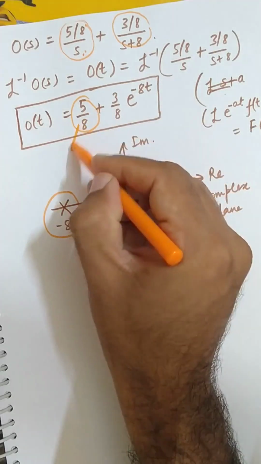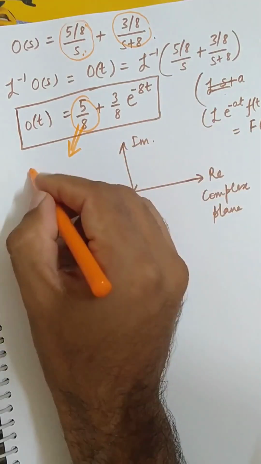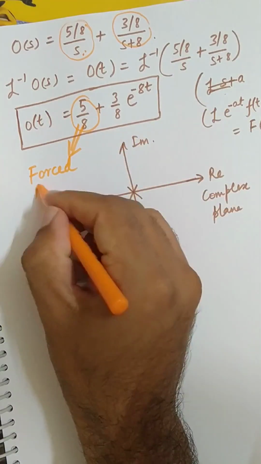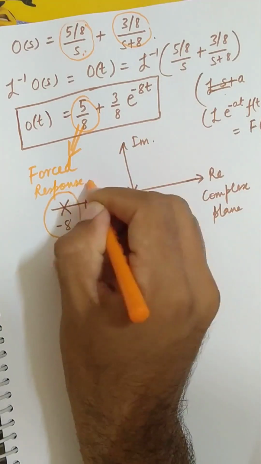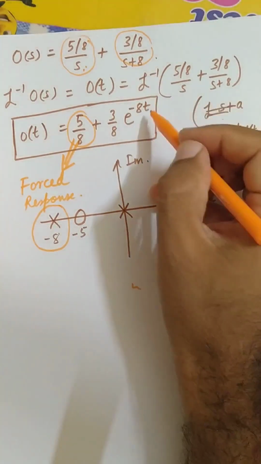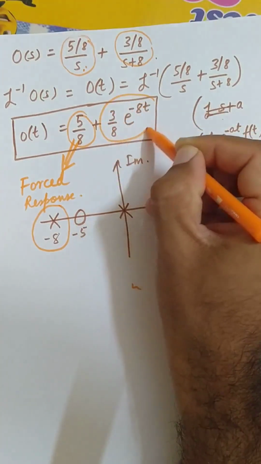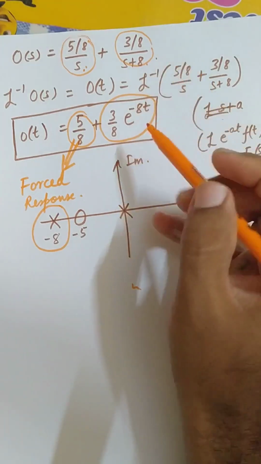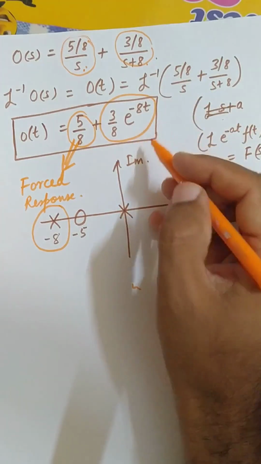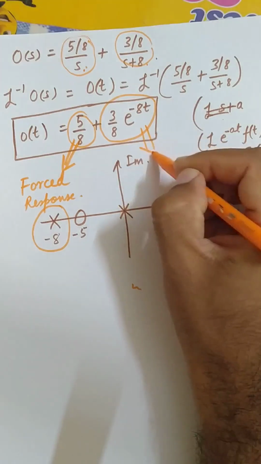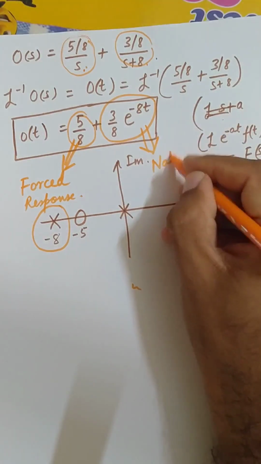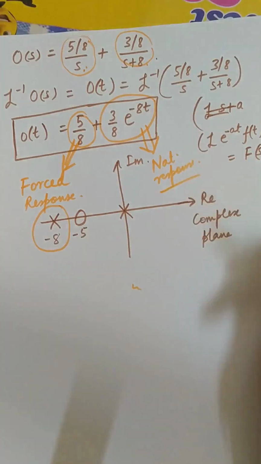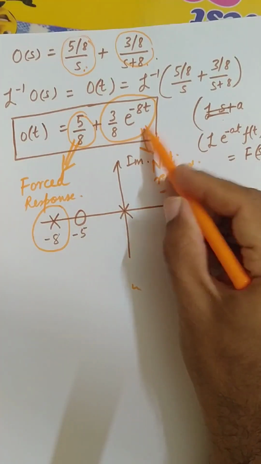So this I can say is the forced response because this is due to the input, right? And this was due to the system's pole itself, right? And system pole was at equal to -8. So that system pole resulted in what we call as the natural response of the system. Right? This is the natural response of the system.